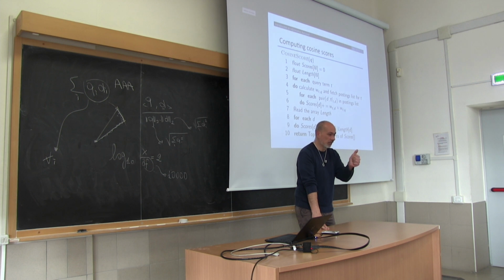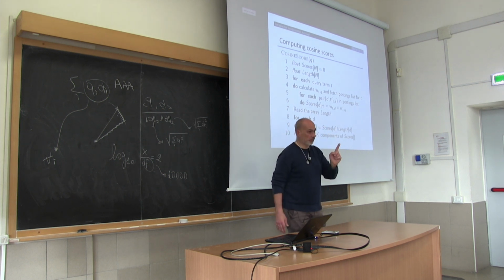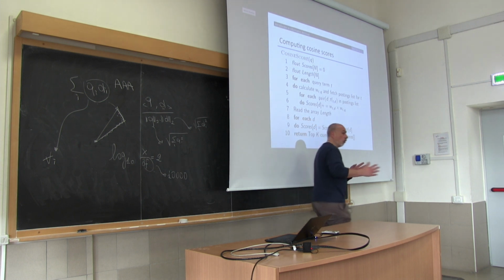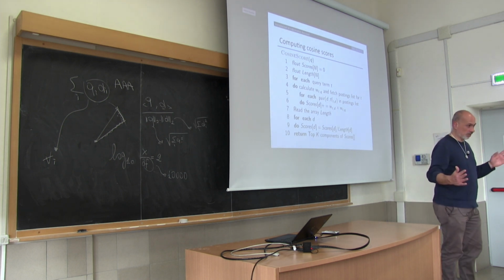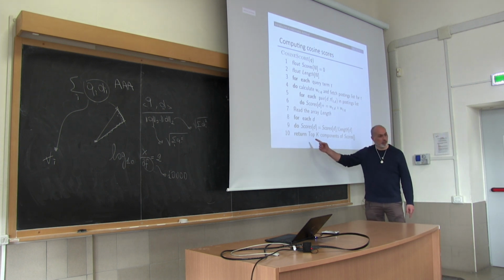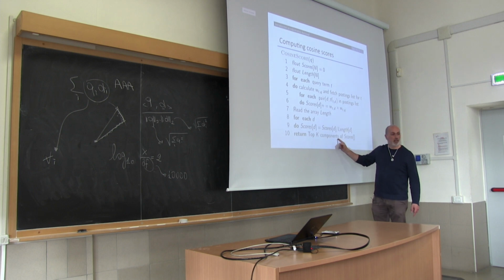That's one first problem. The second problem is the following. I'm scanning one posting list at a time and not in parallel. The third problem is the following. I rank all the documents with respect to the posting list. You see here, line 10.